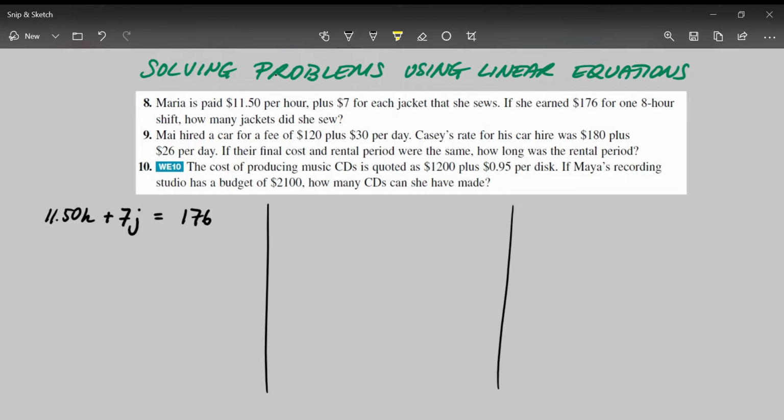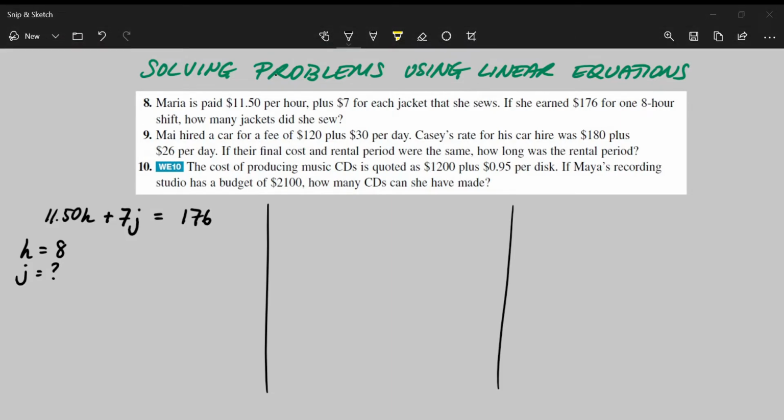So in this case, we were given that the number of hours is 8, but we are asked to find the number of jackets sewn. So here we can substitute the value of H, which is 8, into the equation, and then we can solve for our unknown value, which is J. So let's do that right now.